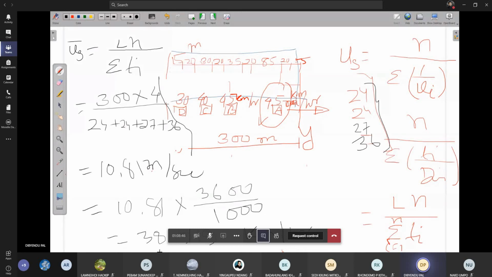So for that there is a term called occupancy. What is occupancy? Suppose you are collecting data for a particular time period, say 2 minutes, within a section of say X and Y, as I have shown.